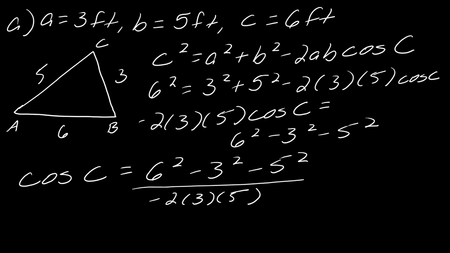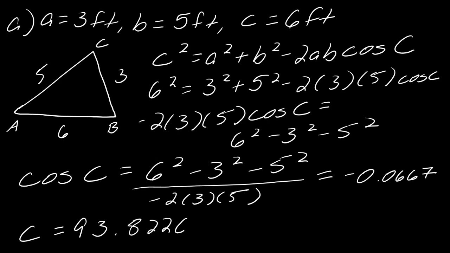Okay, cool. And so now if I compute that, I get 0.066, I'll just round that to 0.07. And so now if I take inverse cosine of that, I get that C is equal to 93.822, I'll just round to 94 degrees.